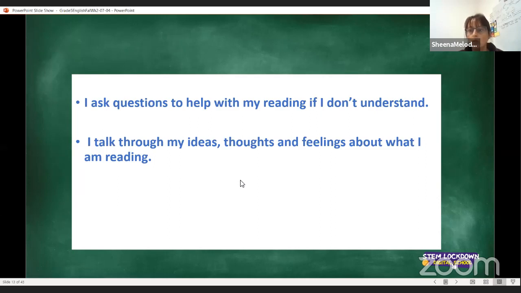The next way of doing that: who knows what we can use to help look up words we don't understand? Yes, use a dictionary. You can use it online, or one that you have on hand.